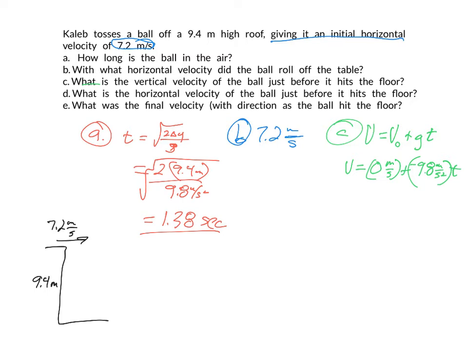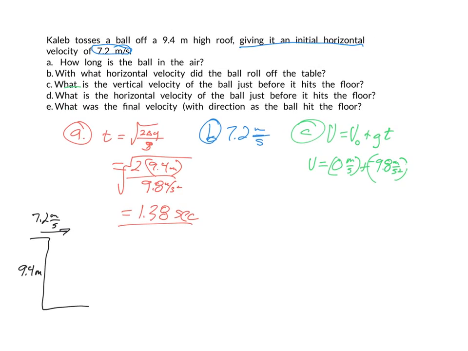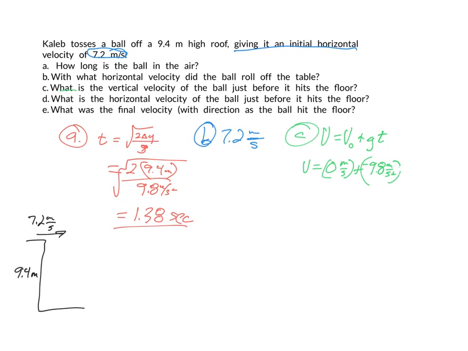Oh, I know the time. All right, back up here. I'm running out of room. That's why I'm confused. All right, times time. I have a time. I just did that before, 1.38 seconds.